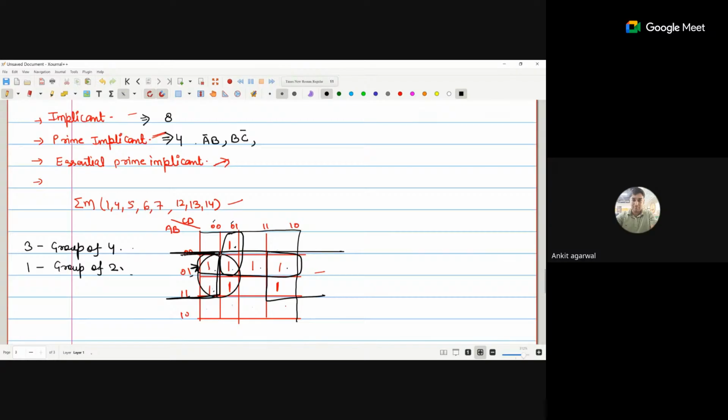Group of 4: B and D are constant, so B D bar. And the group of 2: A is constant, A bar, C is constant, C bar, and D. These are the prime implicants.